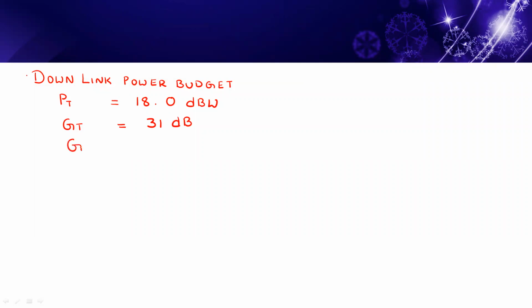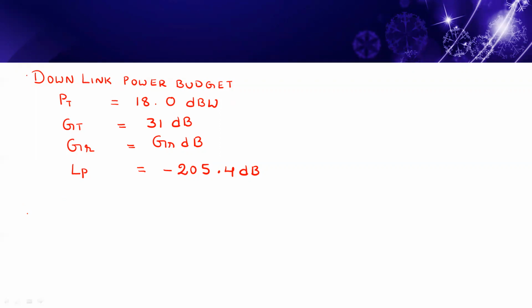Similarly, the earth station antenna gain, that equals your GR. It is the unknown factor. Free path loss, from theory, is 205.4 dB. Clear?